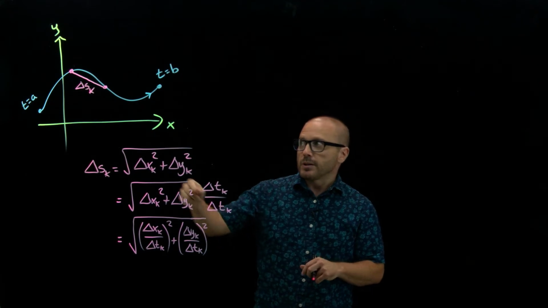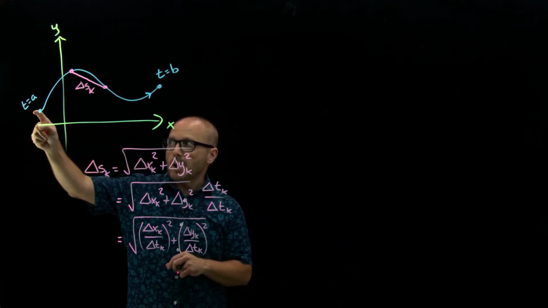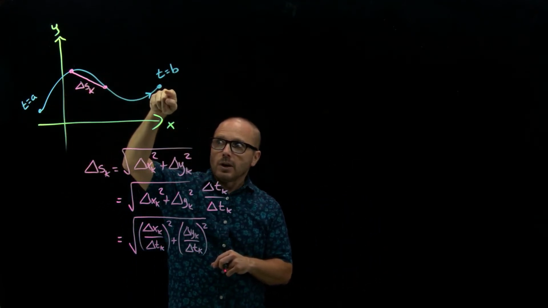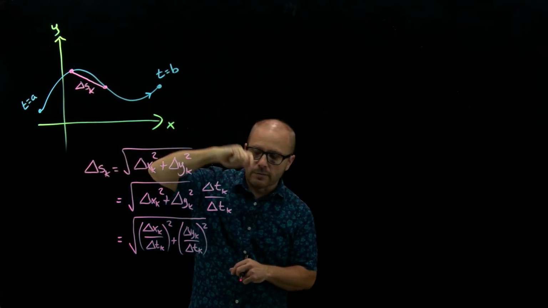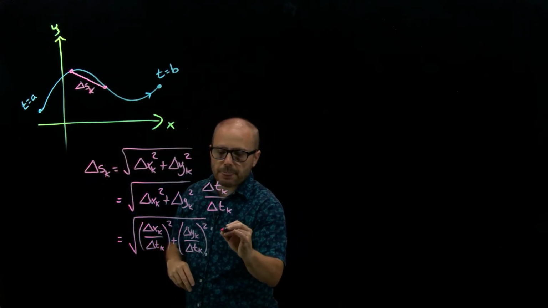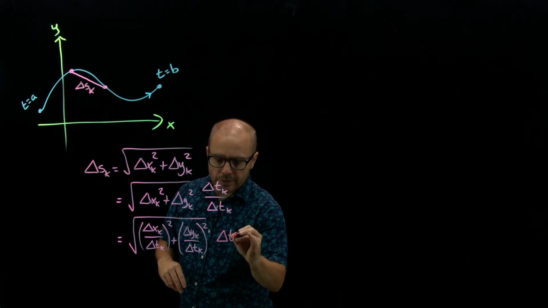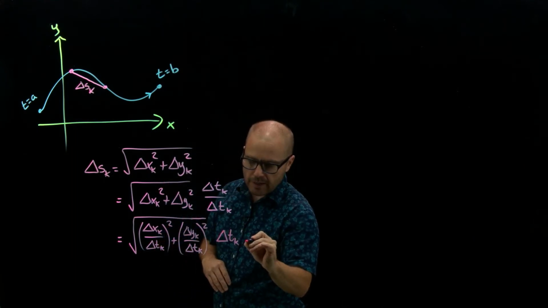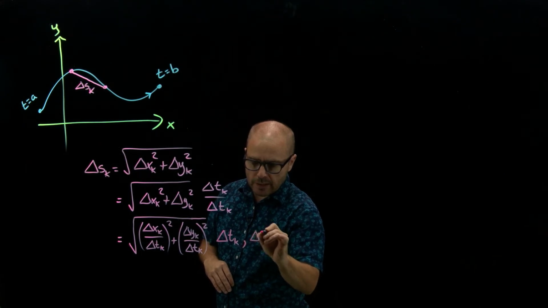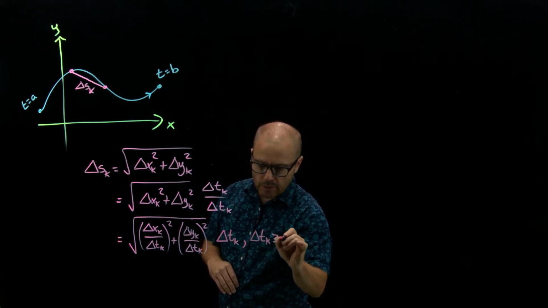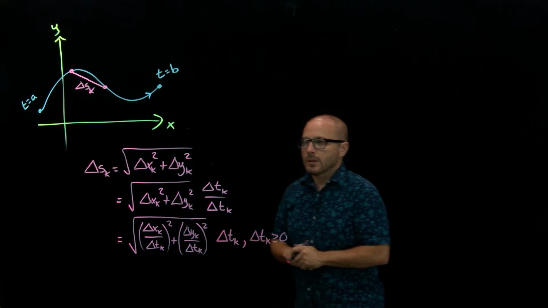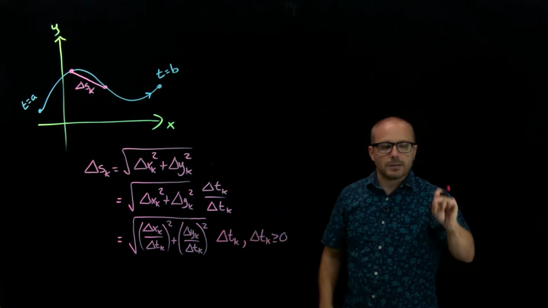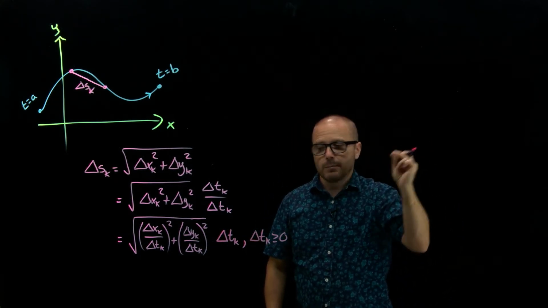But if we assume that we're going to go from a smaller time to a larger time, so in the direction of motion, then we're OK. And then I still have a delta t sub k outside. So this statement is equal to this one so long as we're talking about a change in time that is greater than or equal to 0, right? So that'll be key when we set up our limits, that we're always going in increasing time as we set this up.